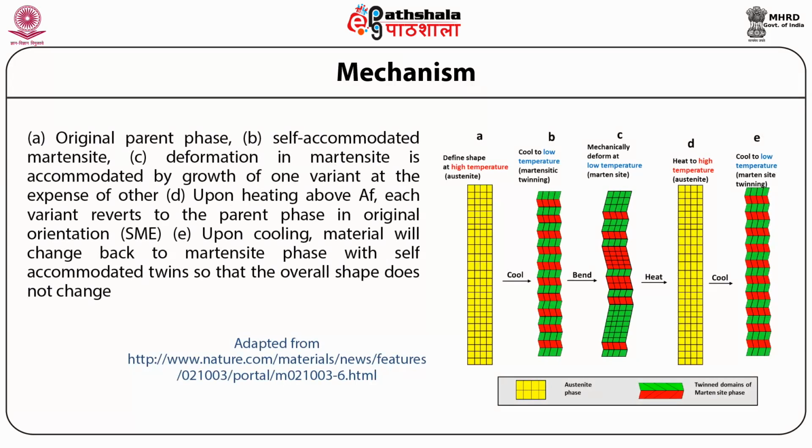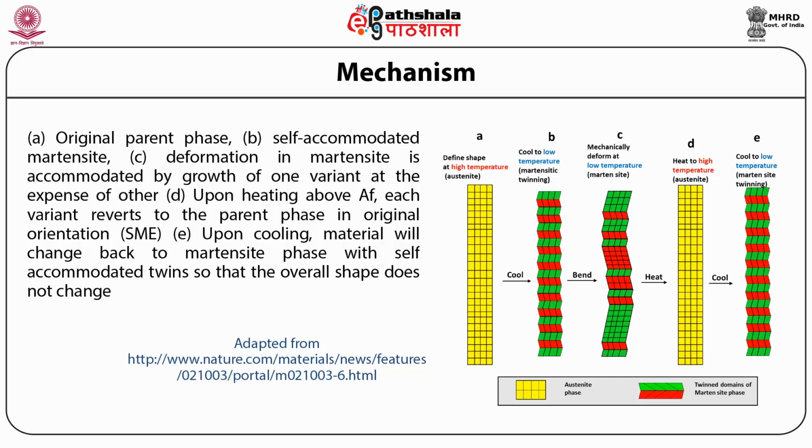This figure shows the schematic of a long rod going through various microstructural changes and exhibiting the shape memory effect in the process. The above figure shows the rod at high temperature phase in A when it has been given a definite shape, that is a rod in this case.